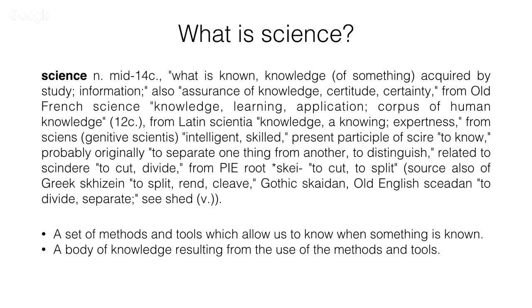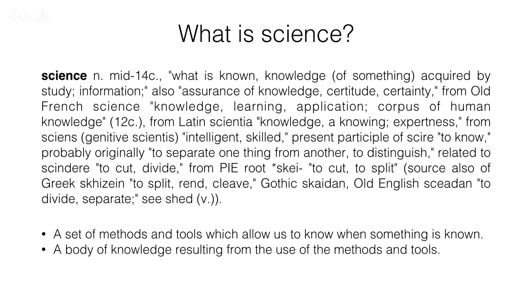Related to scindere, which means to cut or divide, and ultimately from a Proto-Indo-European root, ski, which means to cut or to split. So that's the historical development of the meanings, how the meanings took shape of this word science that we use today.